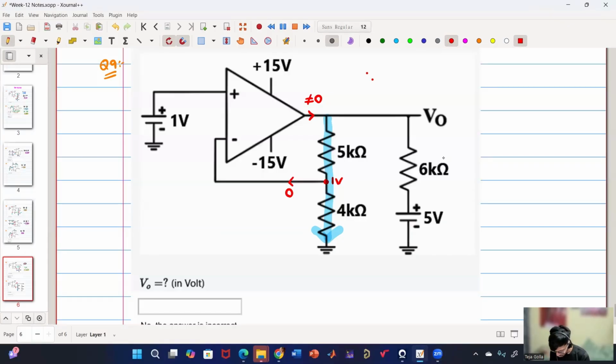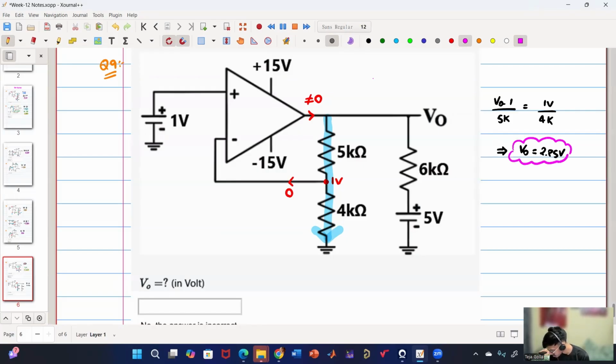Very good. So we have V0 minus 1 by 5K equal to 1 volt by 4K. So now what is the value of V0? 2.25. So Gyanendra says V0 is 2.25 volt. Very good.